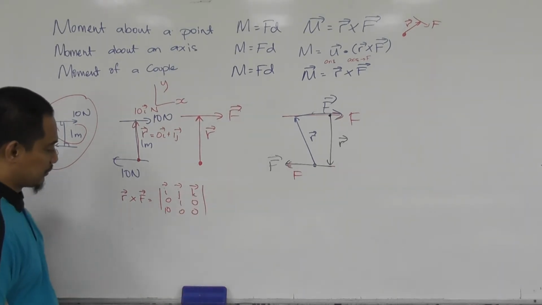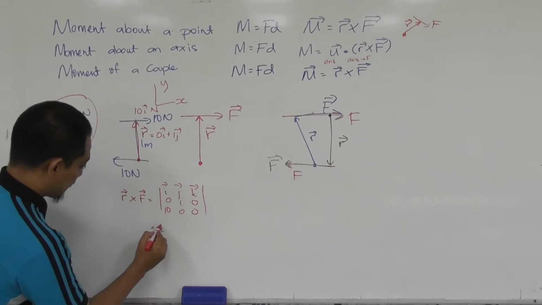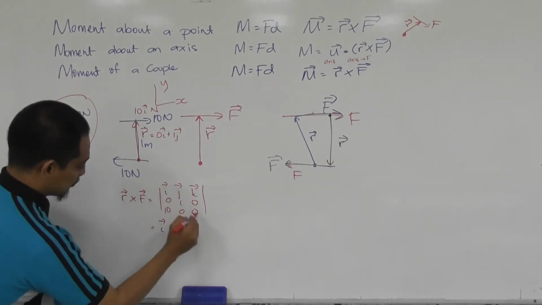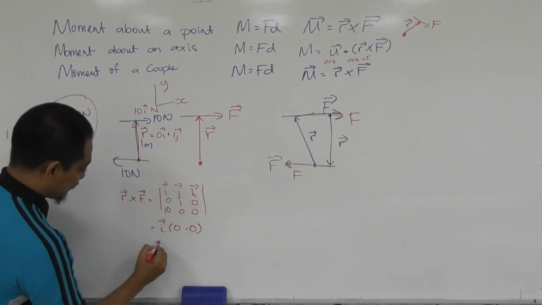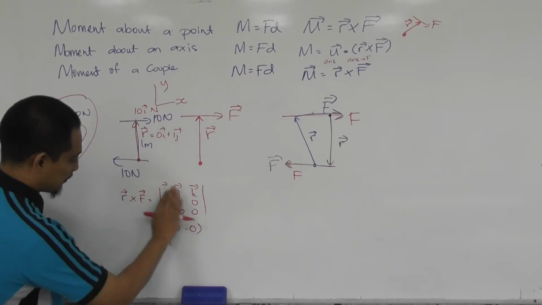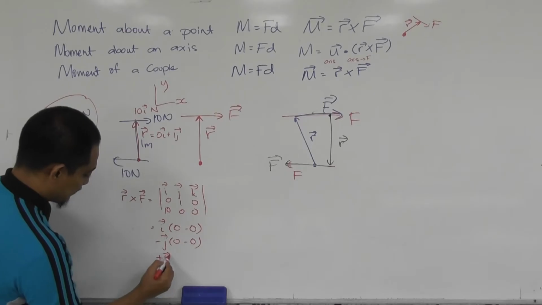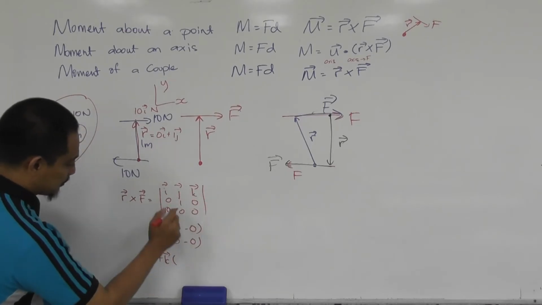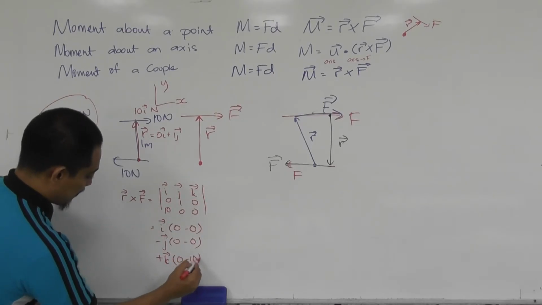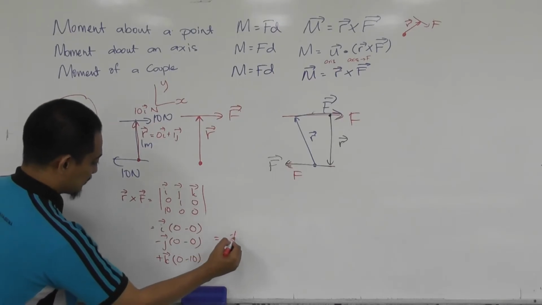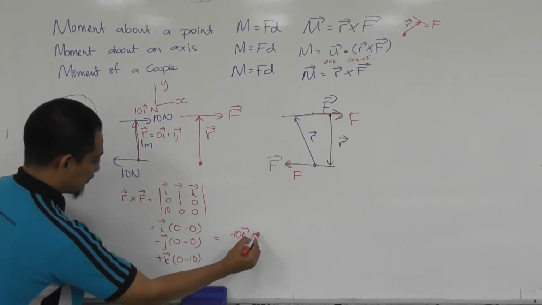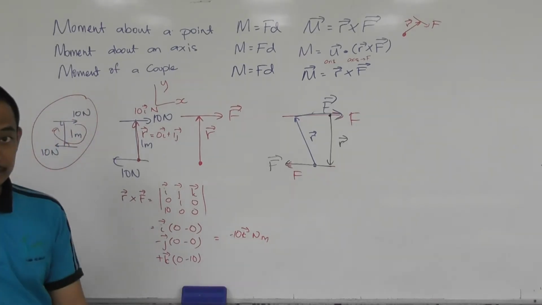If you solve this one for i, you get 0 minus 0. For minus j, you get 0 minus 0. Then plus k, you get 0 minus 10. So in the end, you'll get minus 10 k Newton meter, right?